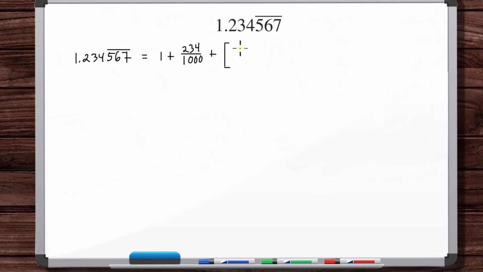We're starting with 567 over 10 to the 6th. And then 1/1000 is the common ratio.